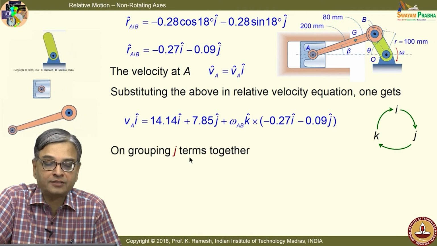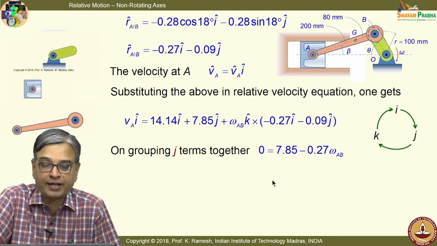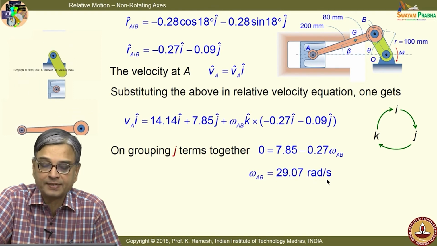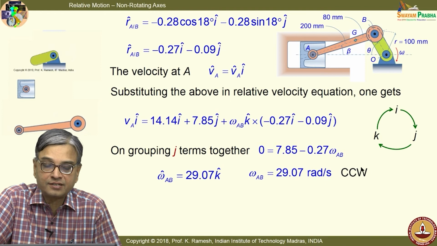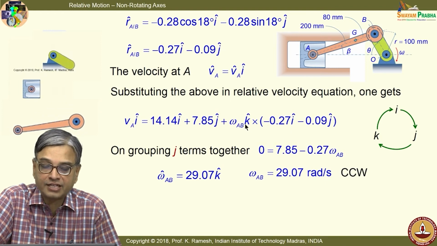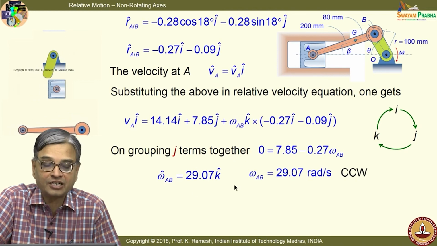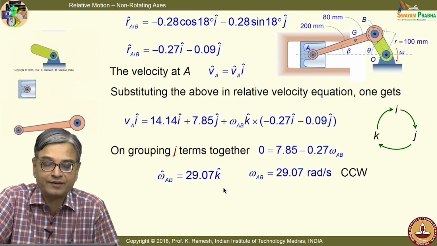So, on grouping j terms together, I get the value of omega AB, that is 29.07 radians per second, and this I have as k. So, this is counterclockwise. In a vectorial analysis, the directions are determined from your mathematics itself, straightforward.